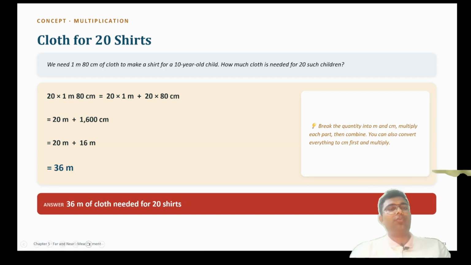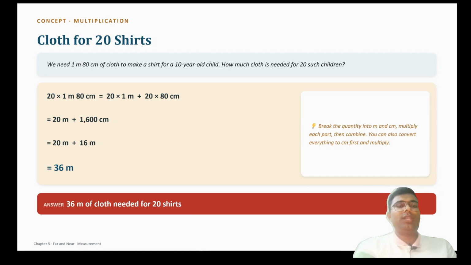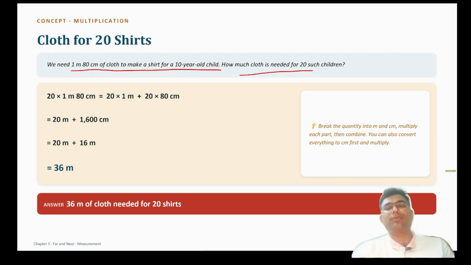So how to multiply and divide, we will do the same here. We need 1 meter 80 centimeter of cloth to make a shirt for a 10-year-old child. How much cloth is needed for 20 such children? So how we will do this?